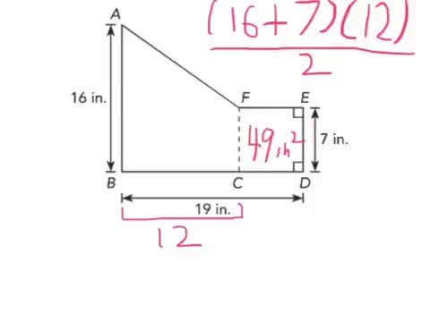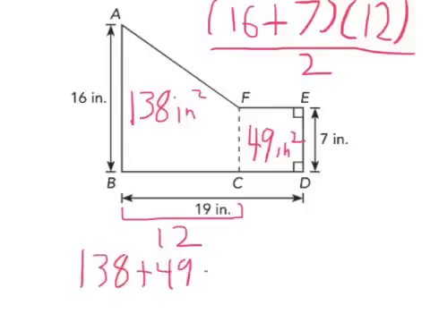The way we get the area of the trapezoid is the sum of the bases, 16 plus 7, times the height of the trapezoid, which is 12, all divided by 2. If you do that math, you get that the area of the trapezoid is 138 square inches. And then we're just doing 138 plus 49. It's going to give us the same answer of 187 square inches.